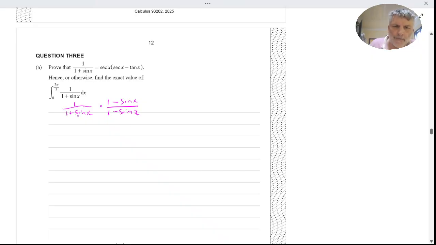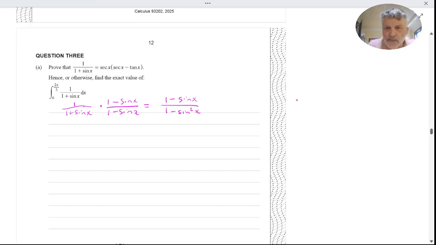We'll get 1 minus sine squared x in the denominator, and 1 minus sine squared x is the same as cosine squared x. So we've simplified the denominator to one term, and we get 1 minus sine x over 1 minus sine squared x.